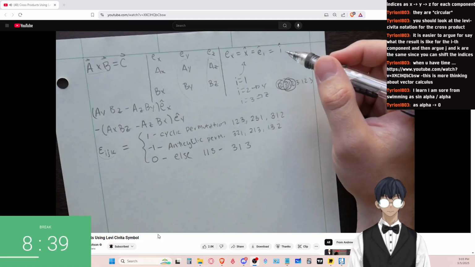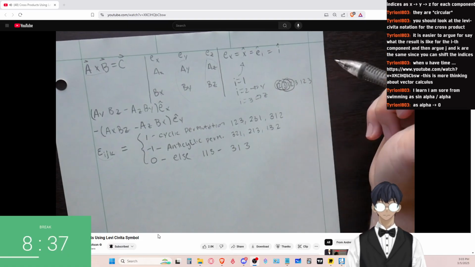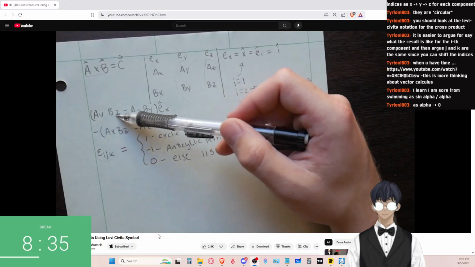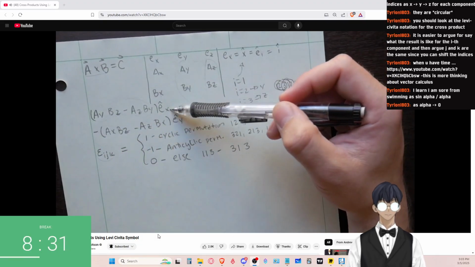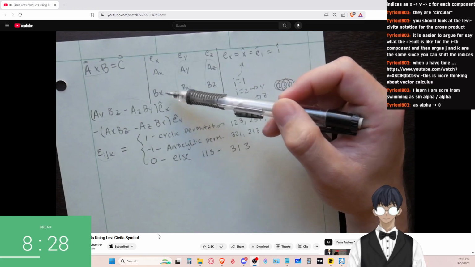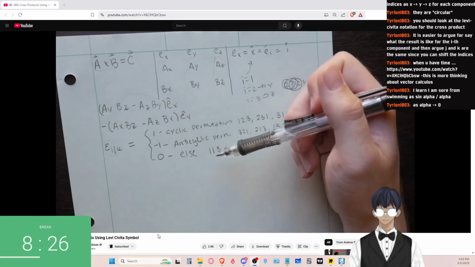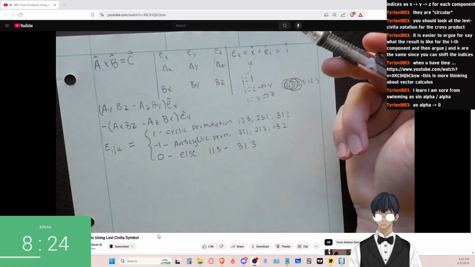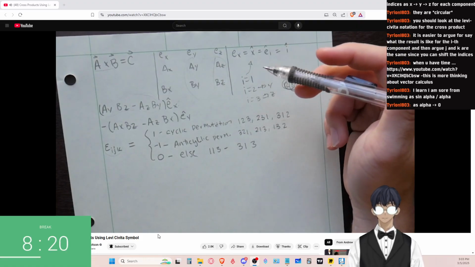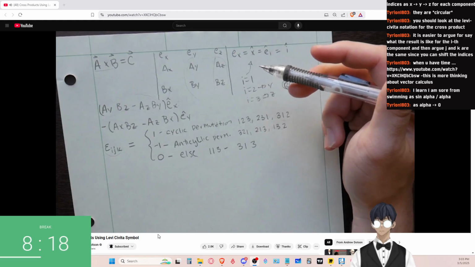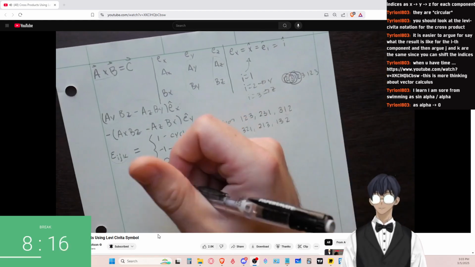Alright, with that being said, let's define our cross product. Here, this whole determinant is the x component of our new vector. This is similar to how we're about to define the cross product in terms of the Levi-Civita symbol, because we're going to define the component of the cross product in terms of it.